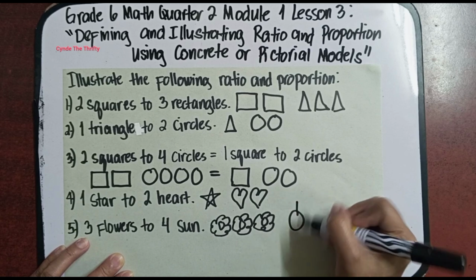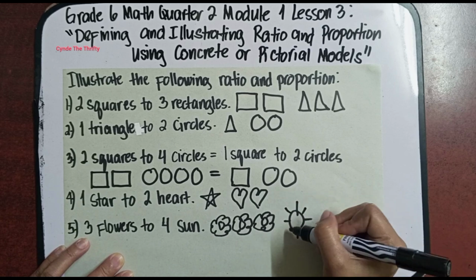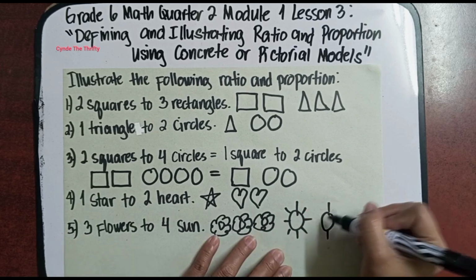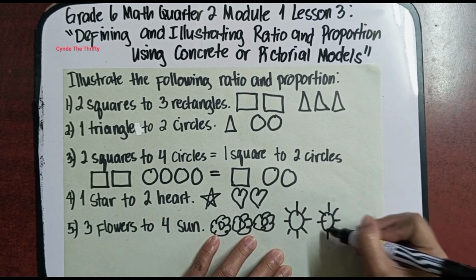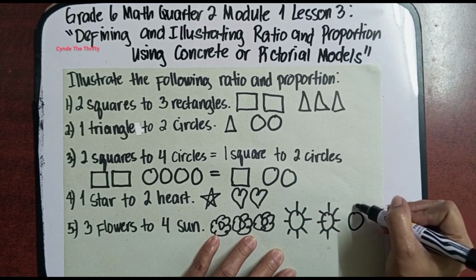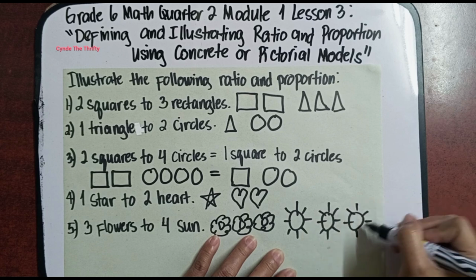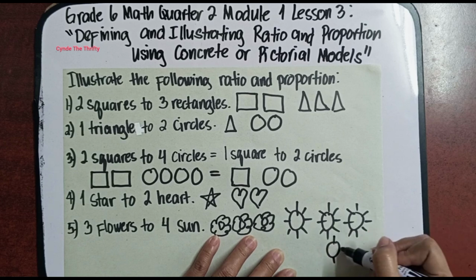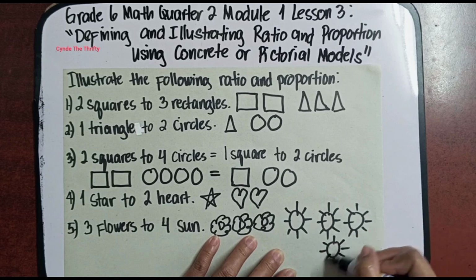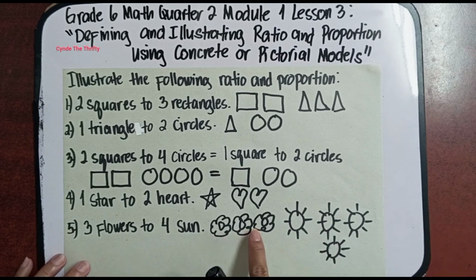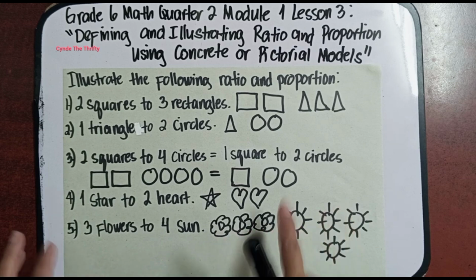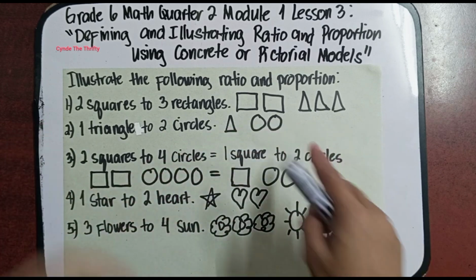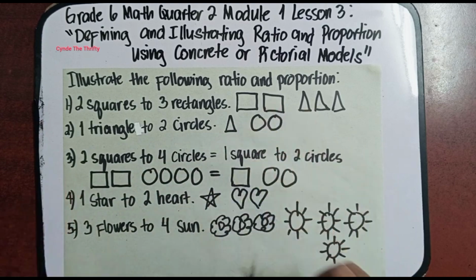Okay, so sun natin. 4 na sun. Okay, so sun, 2, 3, 4. Kita ba sa baba? Okay. So, tatlong flowers to 4 sun. Okay, so ganito ang paggawa or pag-illustrate ng ratio and proportion gamit ang ating pictorial models.